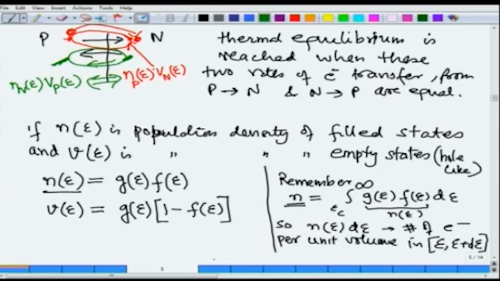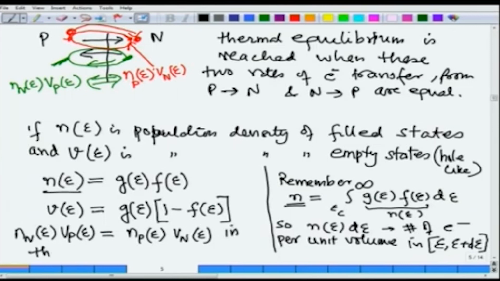So, let us see what will happen in this case. Let me write this a little more nicely: n of energy E times v on the p side should become equal to n times v on the n side when in thermal equilibrium.